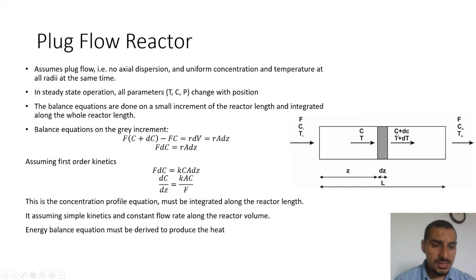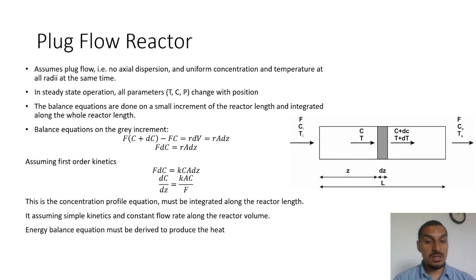So F multiplied by (C plus dC) minus F multiplied by C, which is out minus in, equals again r multiplied by dV. So it's r multiplied by A multiplied by dz. So it's going to be F dC equals rA multiplied by dz. Again, if you assume first order kinetics, then the reaction rate will take this form, and this is going to be the shape of the equation.